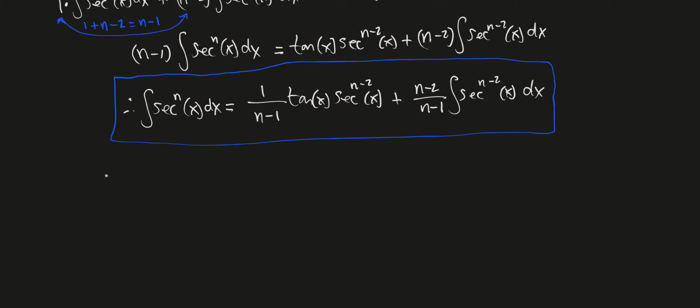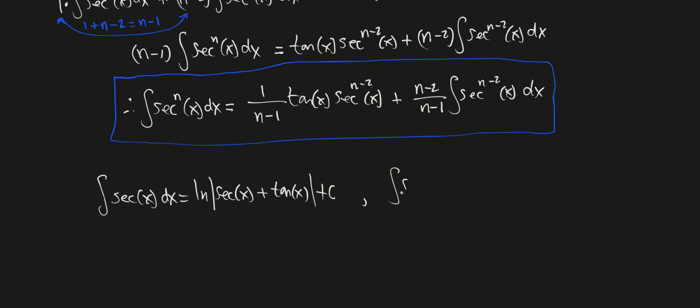So for instance, again, I know that the antiderivative of secant x dx is the natural log of the absolute value of secant x plus tangent x plus c. And I also know that the integral of secant squared x dx is tangent x plus c.